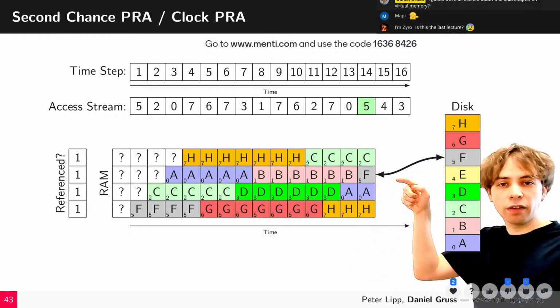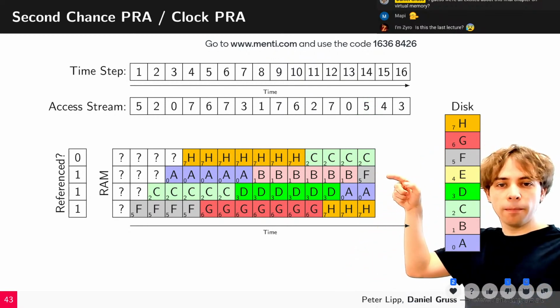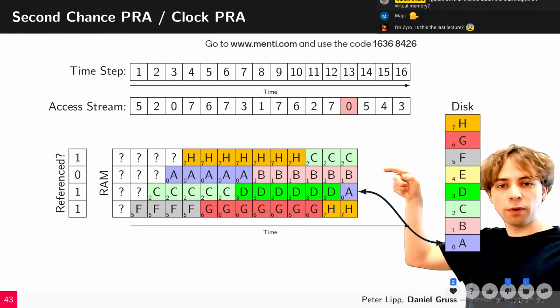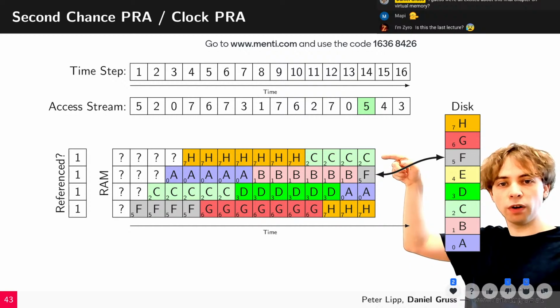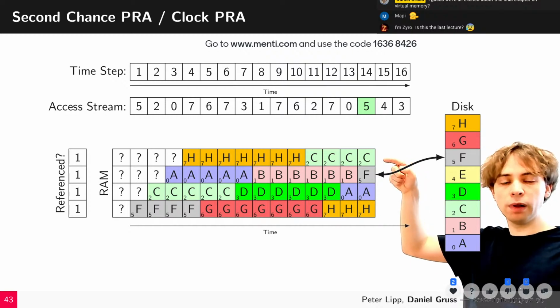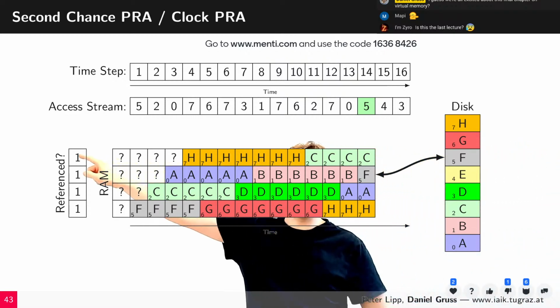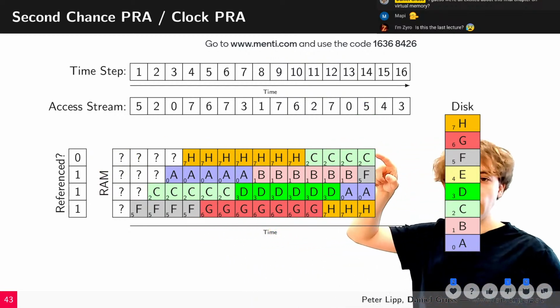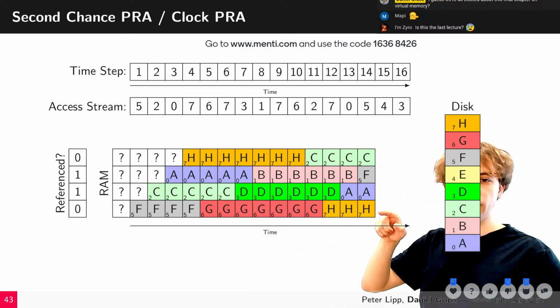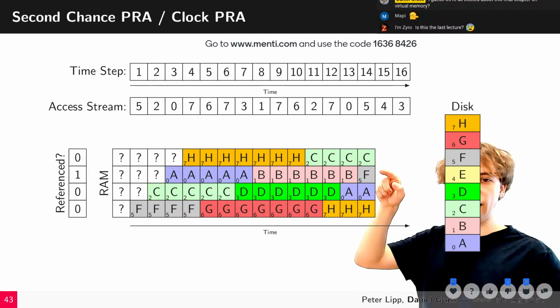Then we have another access to 4. Again, the pointer is now pointing here because after this replacement, it goes one up, and this one will be replaced next. So we have to set the reference bit back to 0 again because it's at 1. And then we go back here and go through this list again and again.